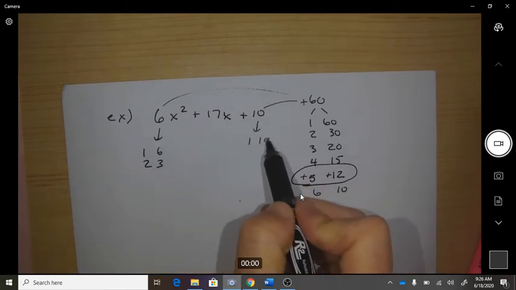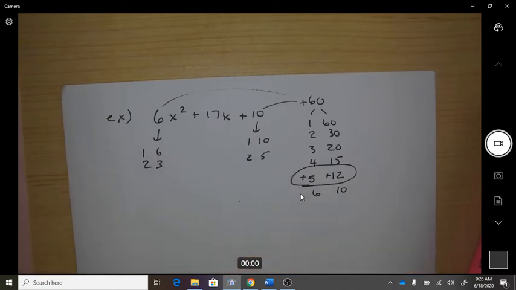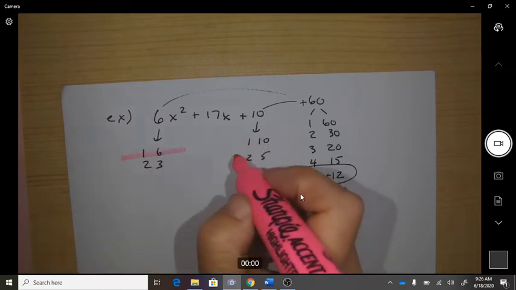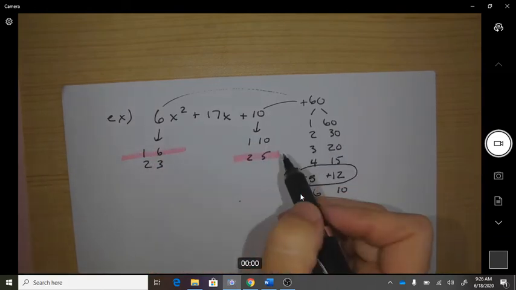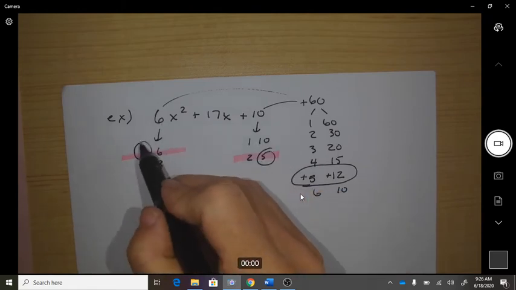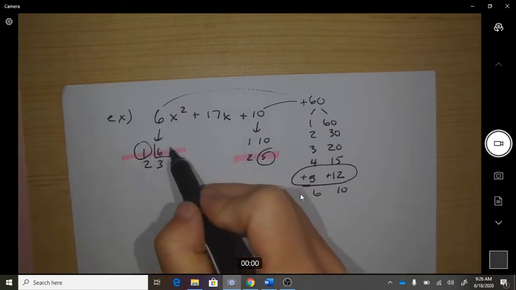Under a 10, I could have gone 1 times 10 or 2 times 5. Looking for pair-ups that will make a 5 and a 12. It looks like it would be this one. So a 5 and a 12.